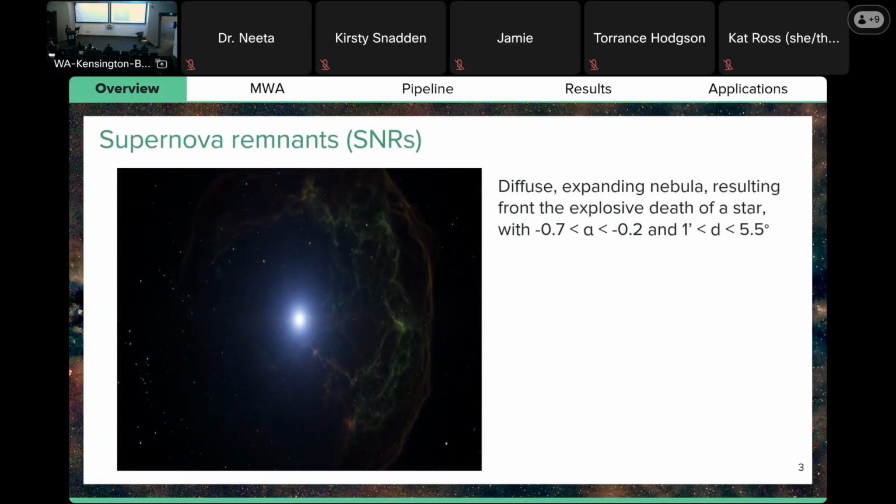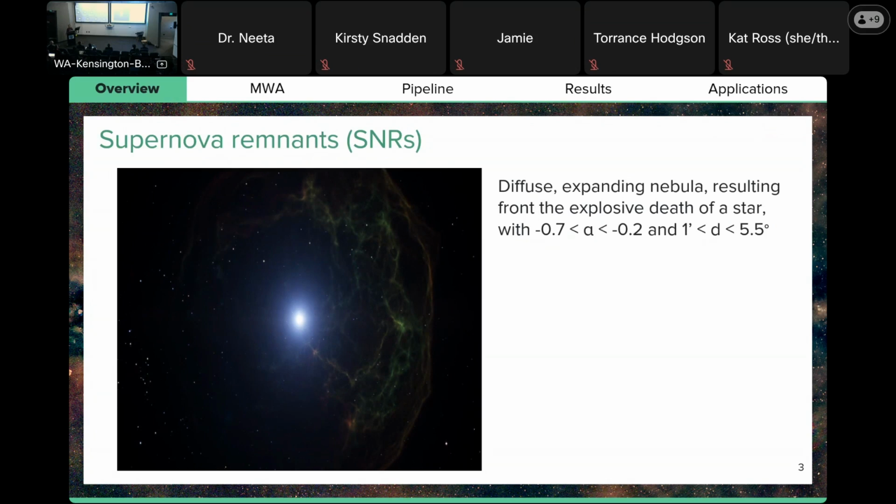They are dominated by non-thermal synchrotron radiation, which means that they have a negative spectral index, varying from -0.7 to -0.2, which makes them brighter at the lower frequencies. And they also have quite a wide range of sizes, from 1 arcminute to 5.5 degrees.